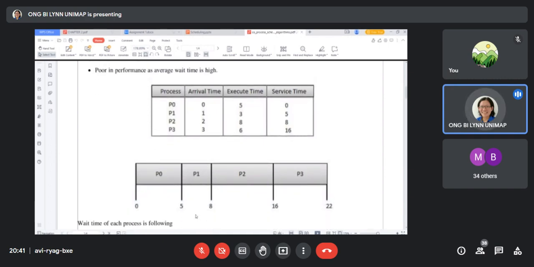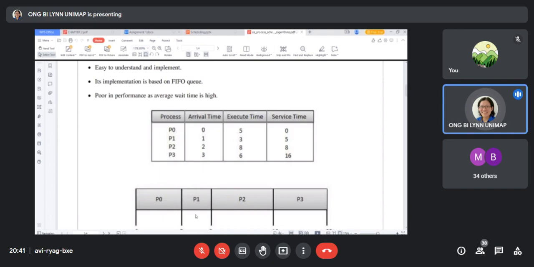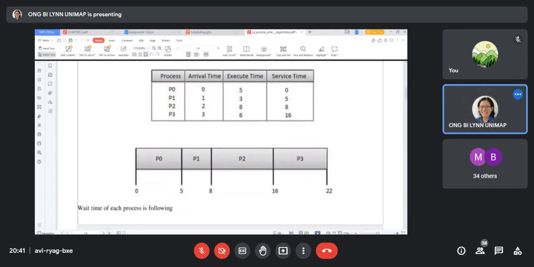So we are going to first come, first serve, or first in, first out, with arrival time. It means that at 0 seconds, you have only P naught inside the queue. At 1 second, you have P naught and P1. At 2 seconds, you have P naught, P1, and P2.